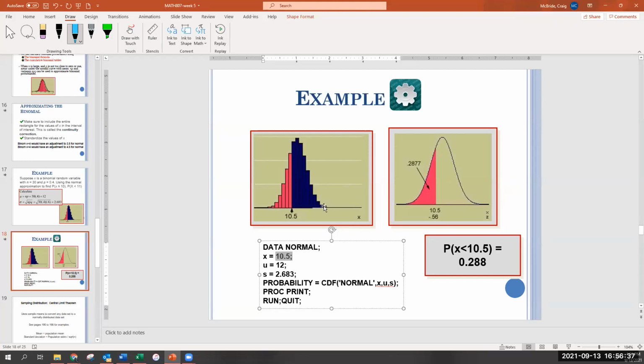If it's greater than, whatever it is, just figure out what the last bar is that you need to include in your approximation, and then figure out what the endpoint is for that bar, right? If you're doing less than, then you want to find the upper edge of the bar, right? And if you're doing a greater than, then you obviously need to include the lower edge of the bar. And then if you do that, you can always figure out whether you should be adding or subtracting a half.